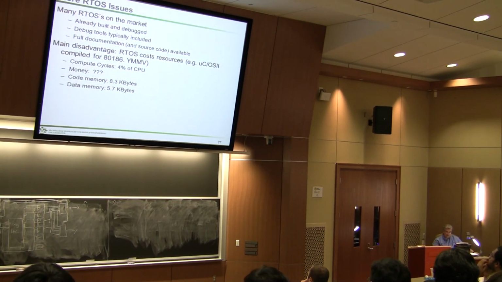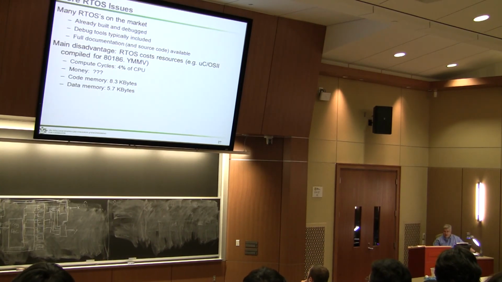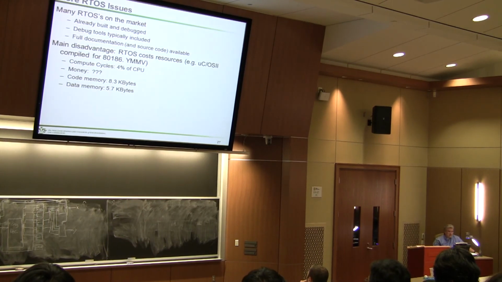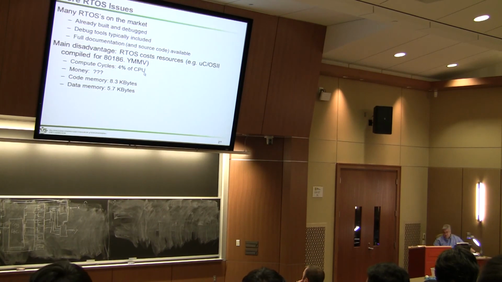There is a tool called MicroCOS, YMMV. You know what that stands for? Your mileage may vary. In that, the number of compute cycles for the real-time operating system was 4% of what the CPU was doing.